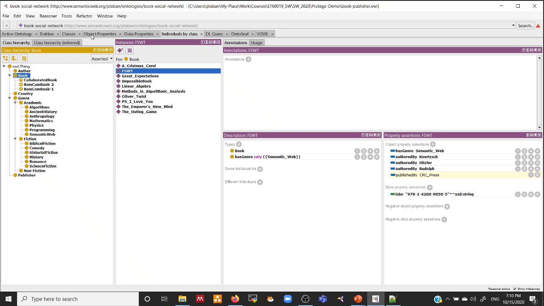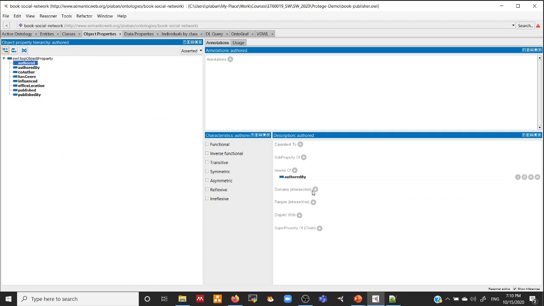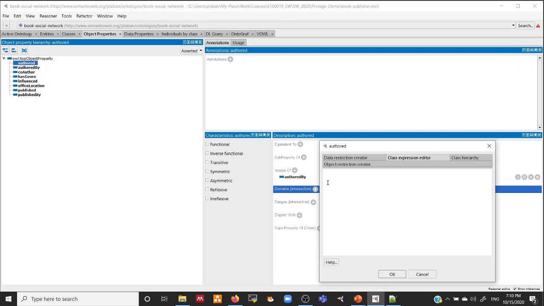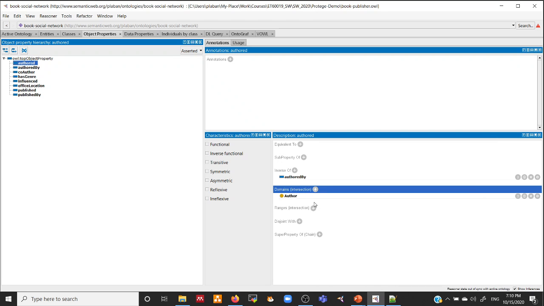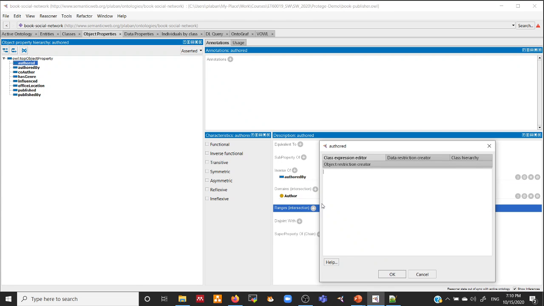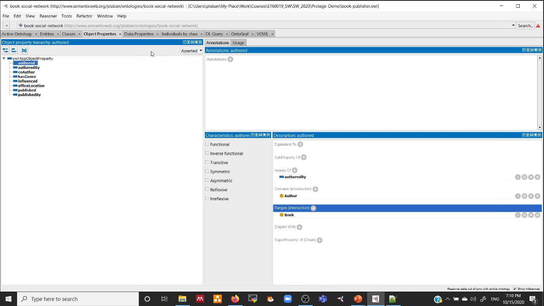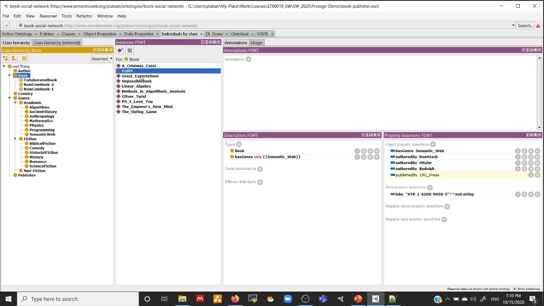Now let us get it back to collaborated book. How can we do that? For author, we say the domain to be author, and the range to be book. If we do so, let us go to FSWT.